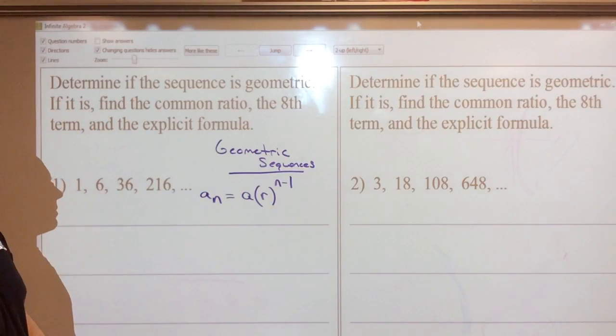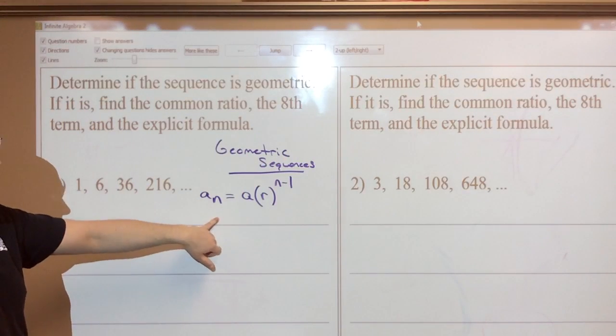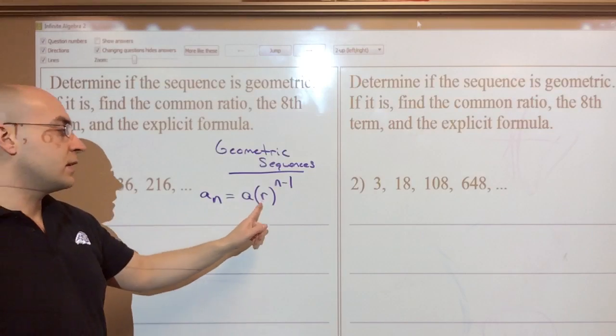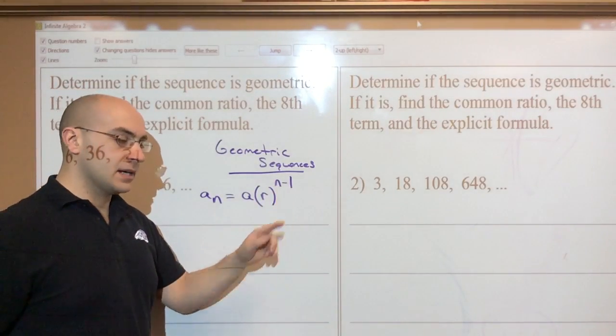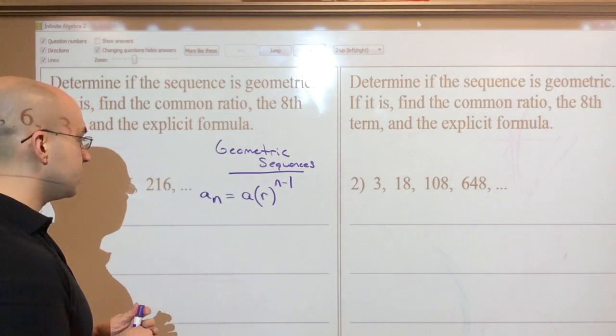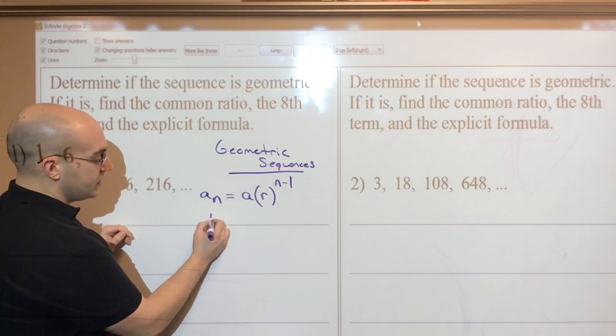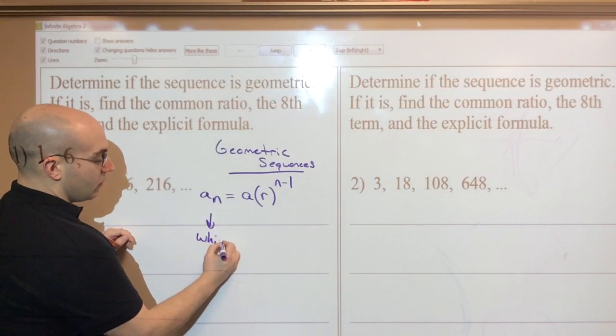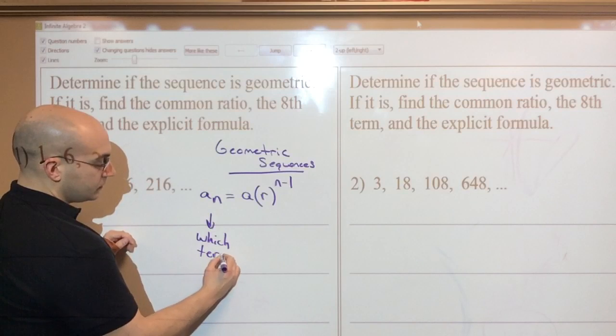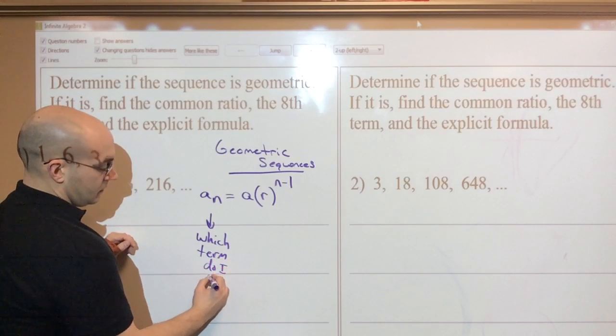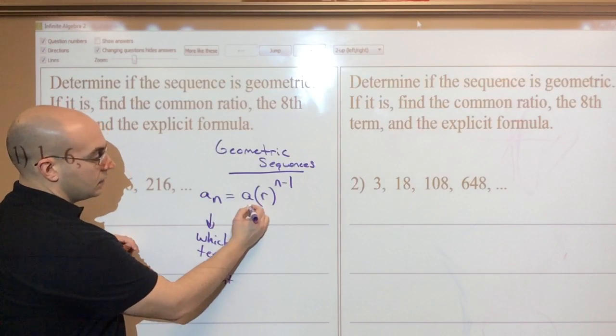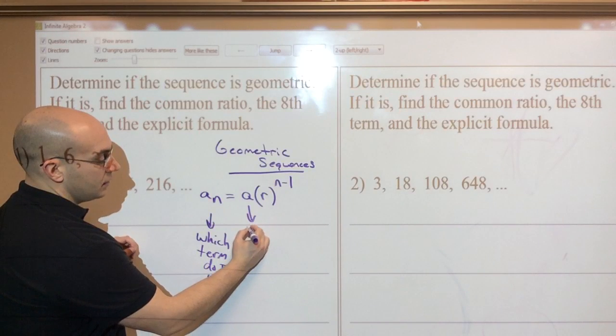So the formula for geometric sequences is a sub n equals a times the quantity of r raised to the n minus 1 power. So let's go a little in depth with this. A sub n is, which term do I want? A is the first term.